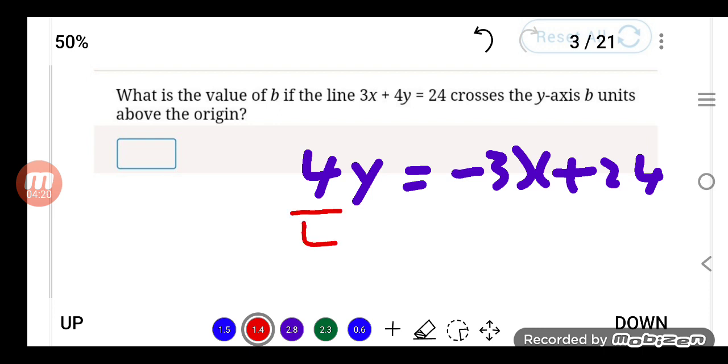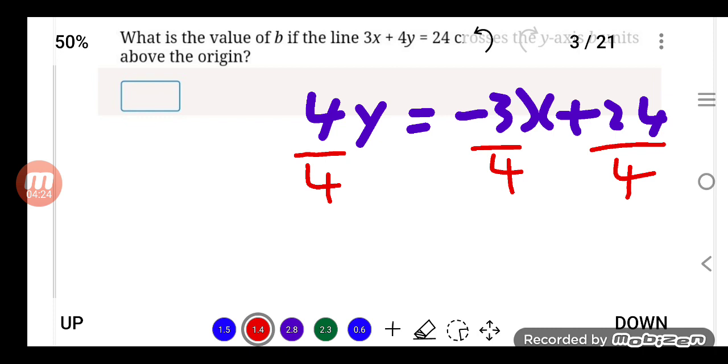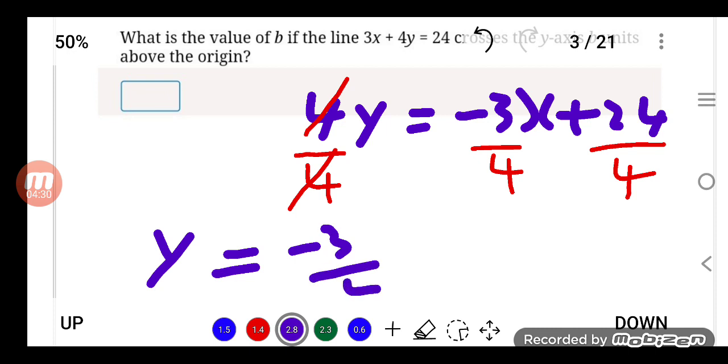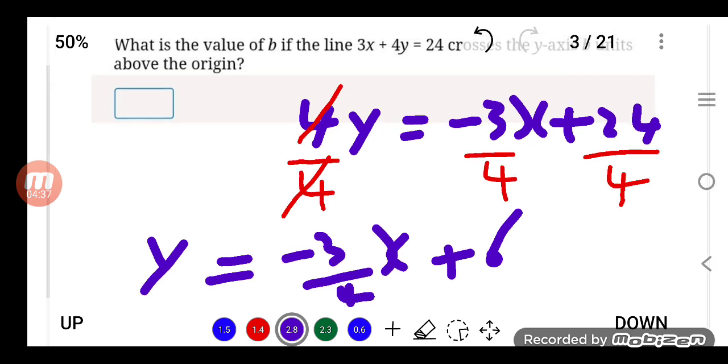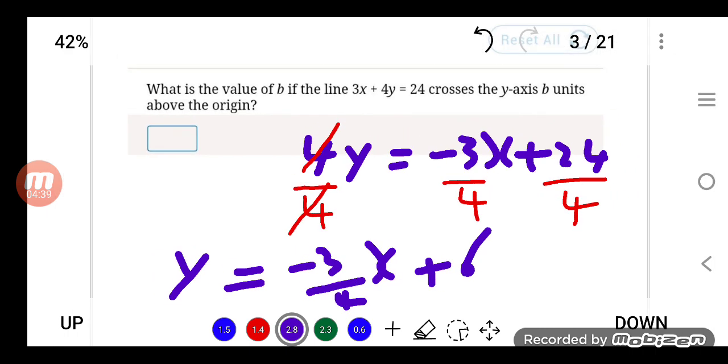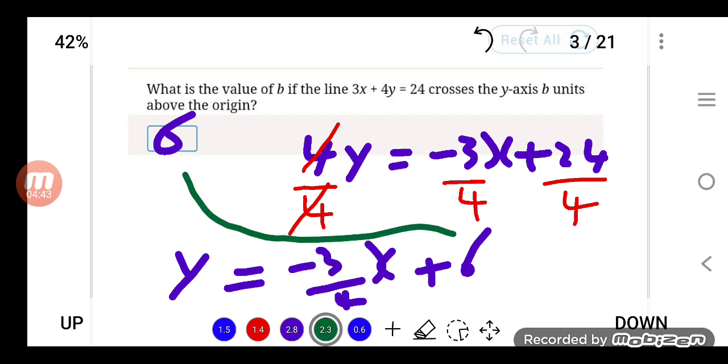Cancel 4 and 4. You get y is equal to negative 3 over 4 x plus 6. So the y-intercept here is 6. We write here 6. The y-intercept, we write it in this position, where it crosses the y-axis.